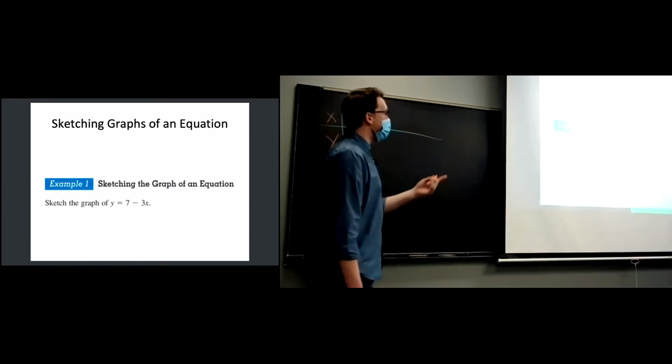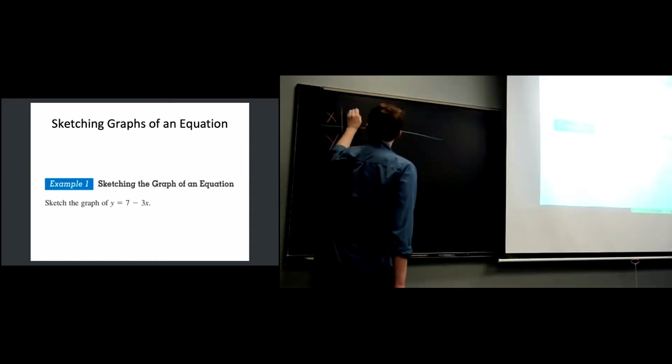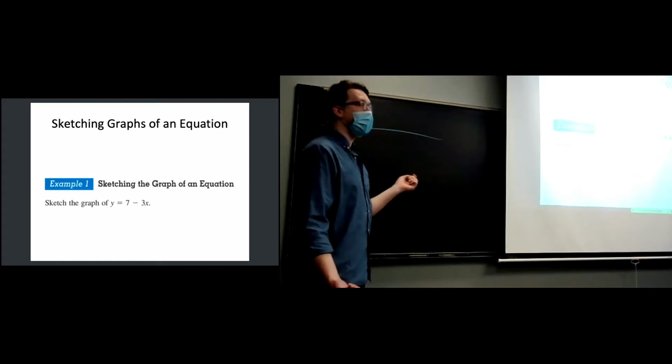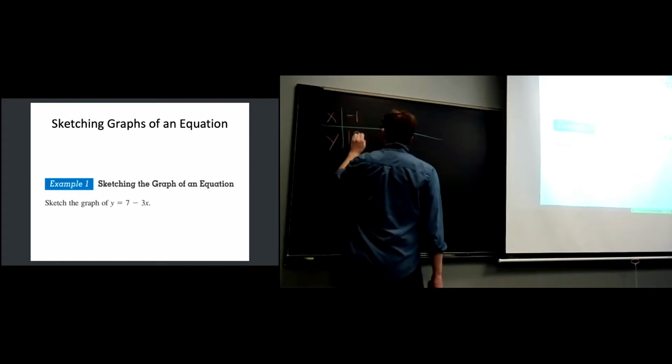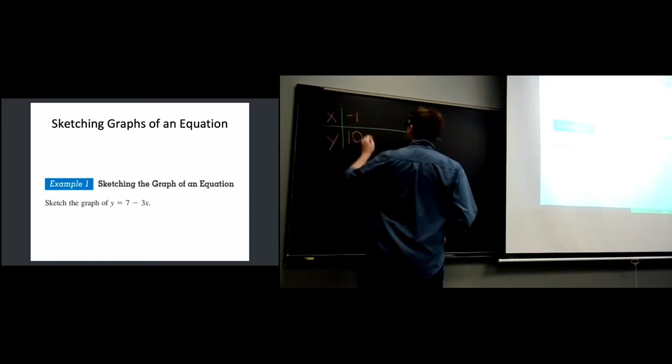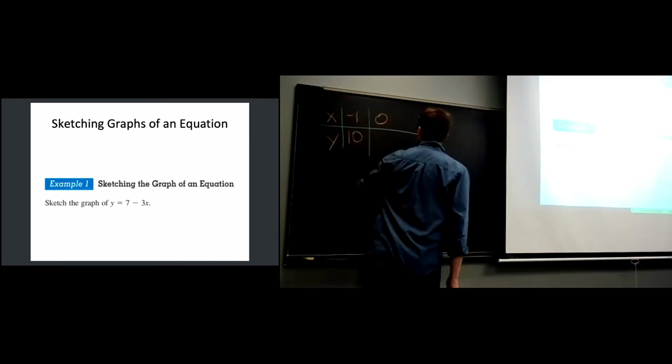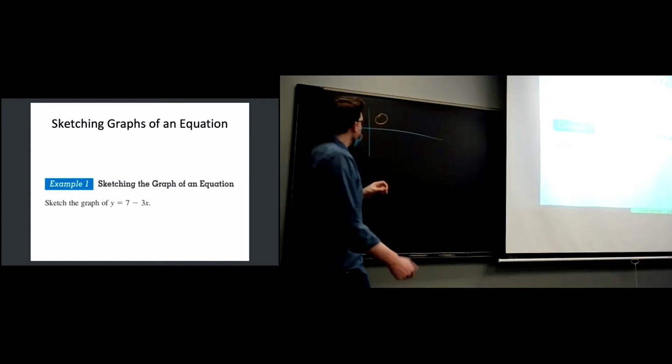If x is, say, -1, then that becomes 3 plus 7, which is 10. If x is 0, then it's just going to be 7.